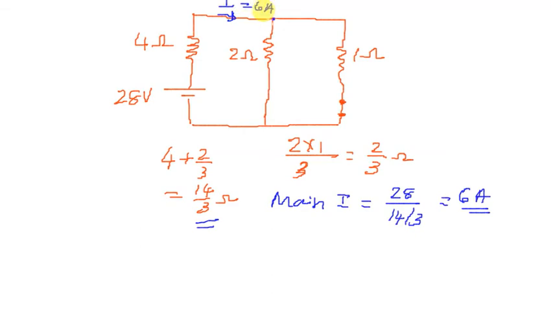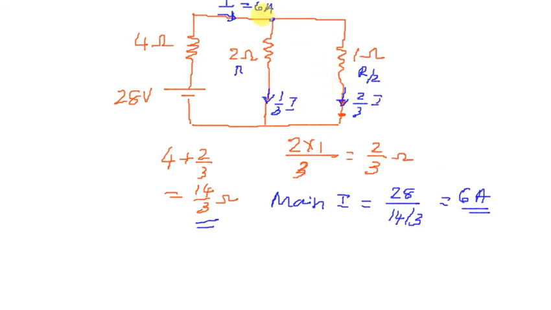And as soon as the 6 amps current comes here, it again splits into different branch currents. If we treat this as the resistance R and this as resistance R by 2, a current of 1 by 3 I flows here, and 2 divided by 3 of the main current flows here.